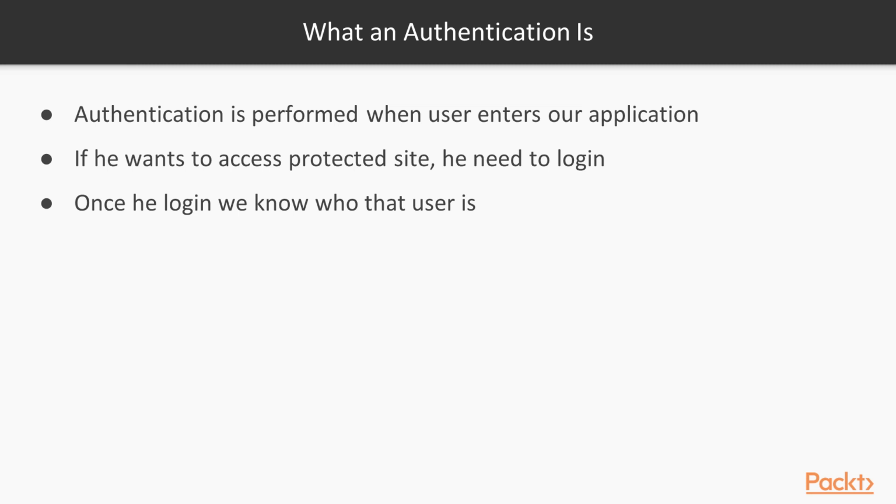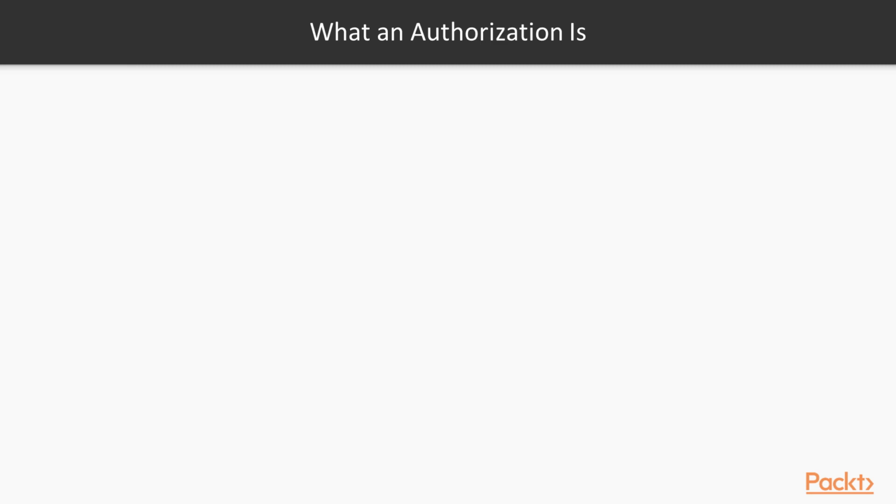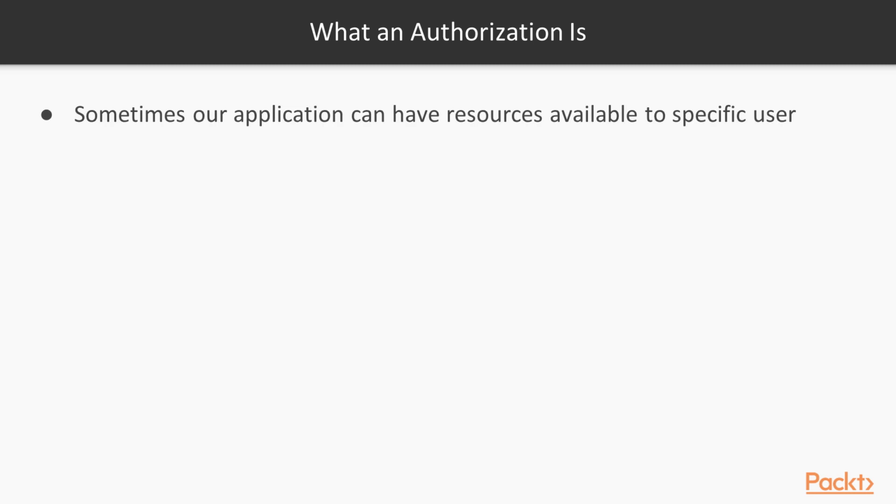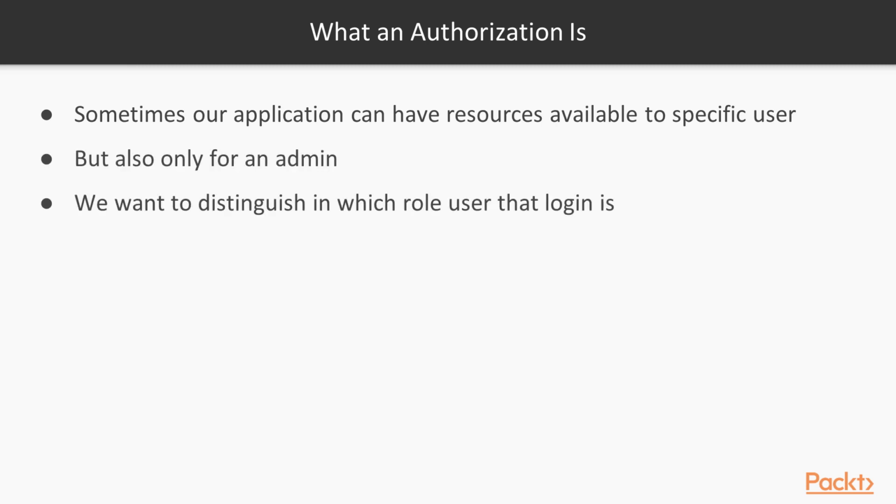But sometimes we need more sophisticated and fine-grained control over access to specific resources. To do this, we need to perform authorization. Sometimes our application can have resources available to a specific user, but also only for an admin. So we want to distinguish in which role the user that logged in is.